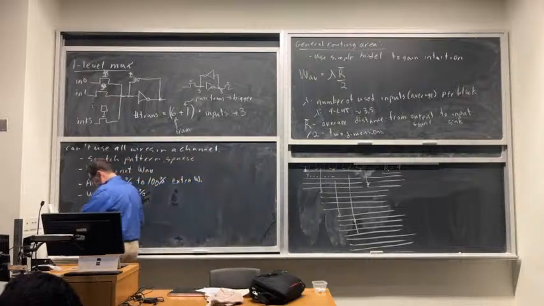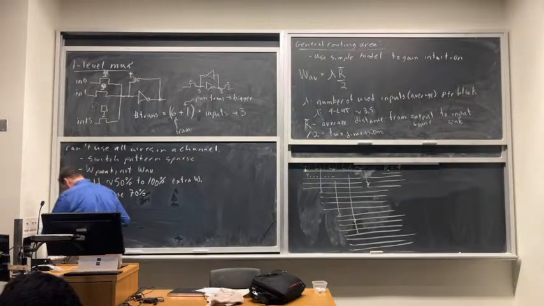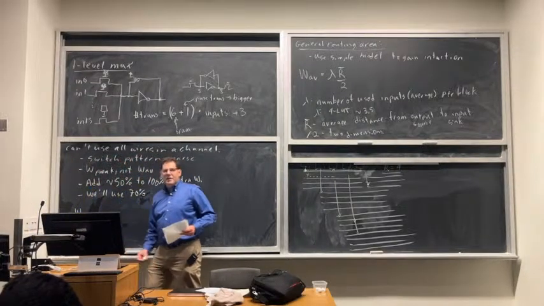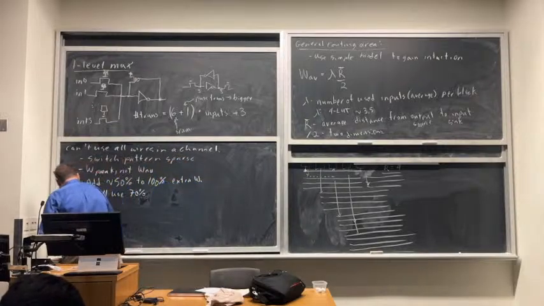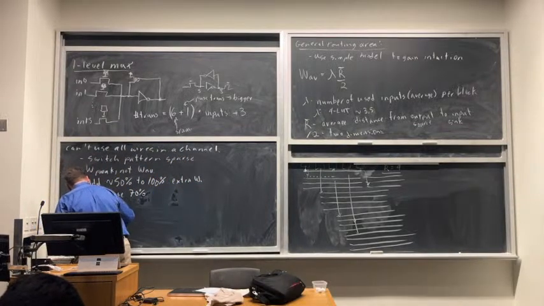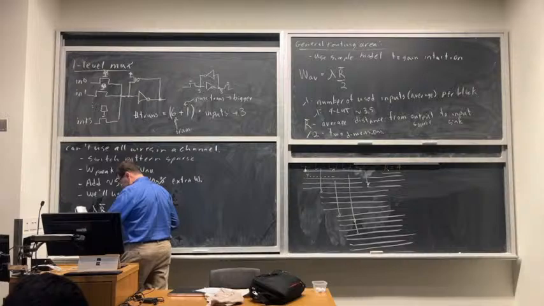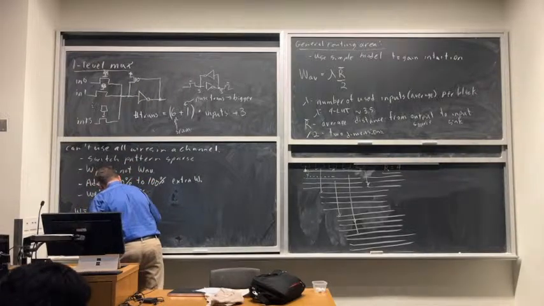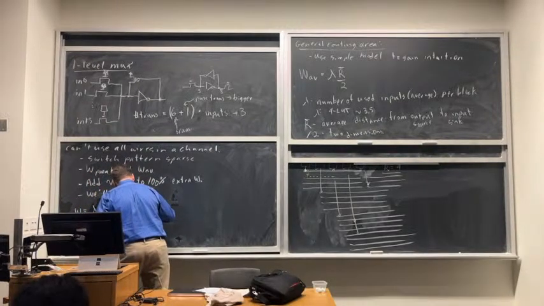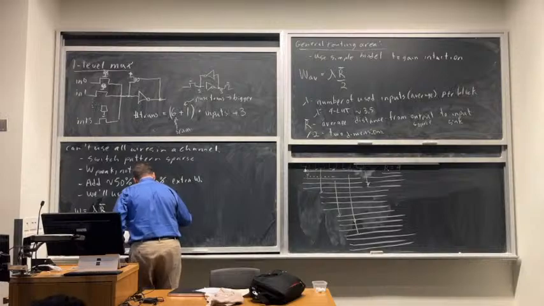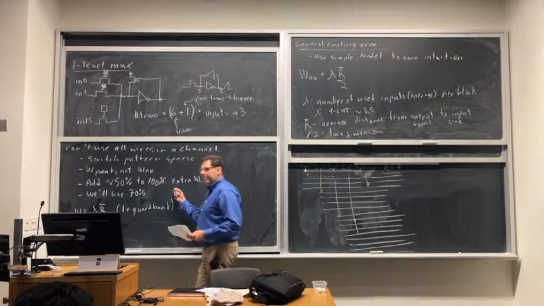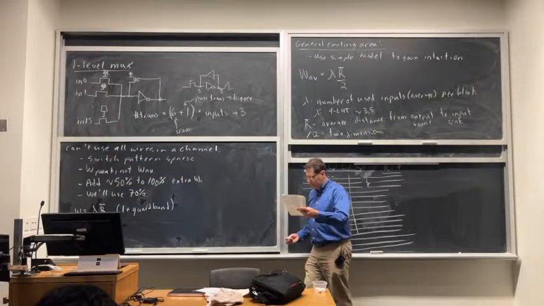So the channel width that I need in my chip is equal to lambda r bar over 2, which I already had, times 1 plus this guard band, this factor to account for peak effects and limited switch flexibility.